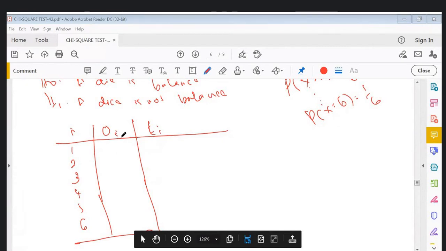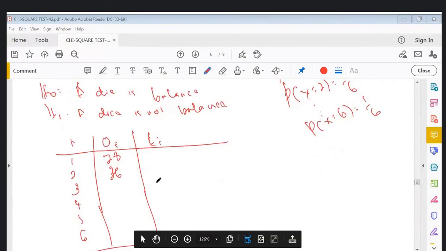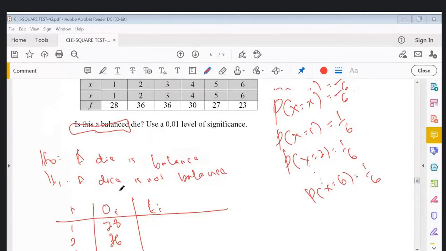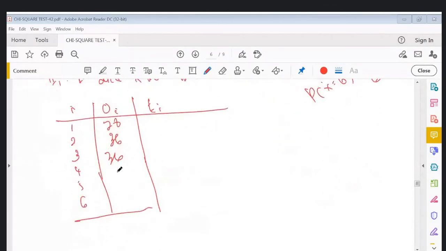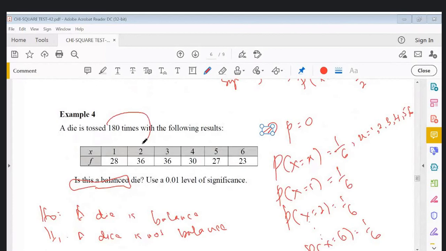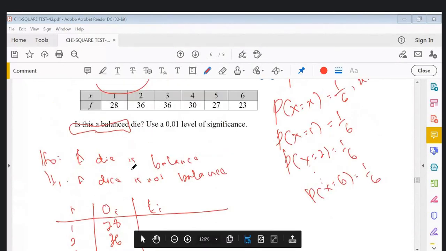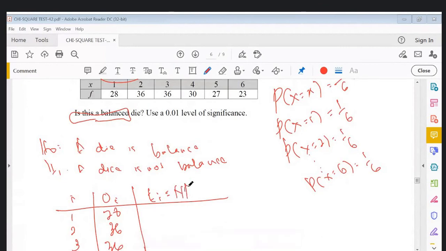The observations Oi are 28, 36, 36, 30, and 23, and the total is 180. Ei is equal to N times P(X), where N is 180.